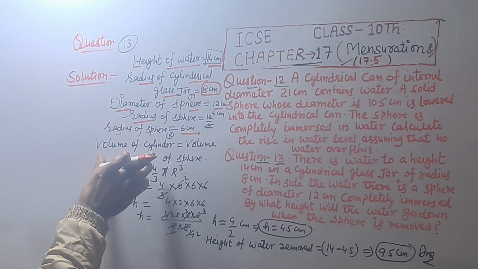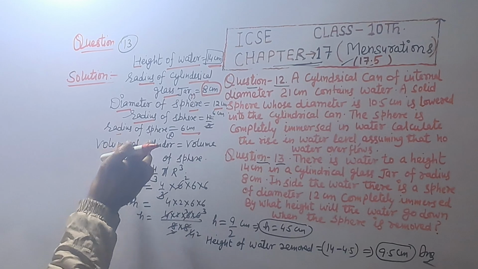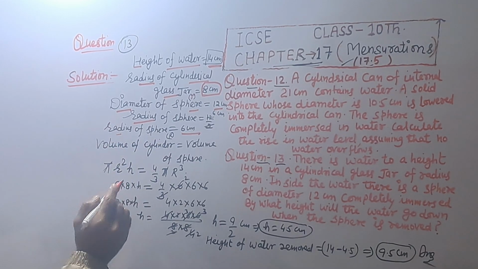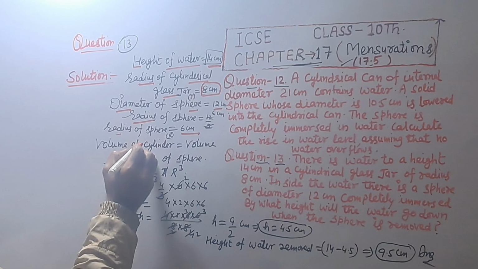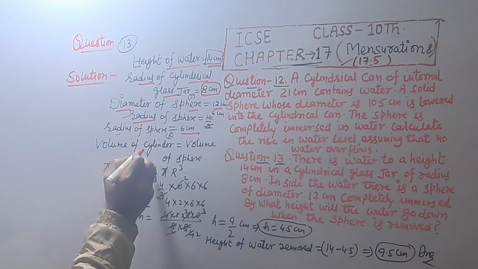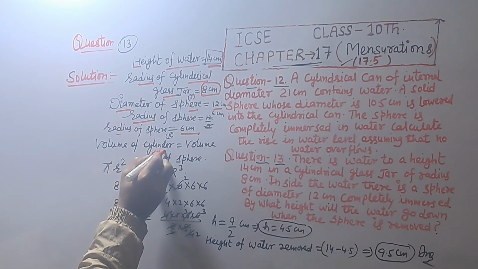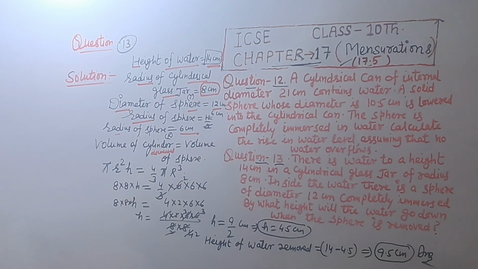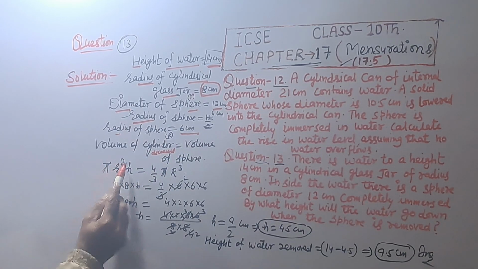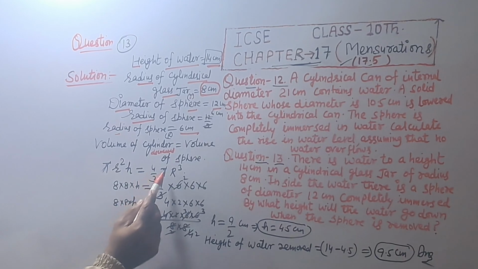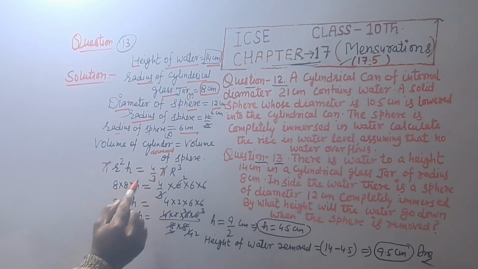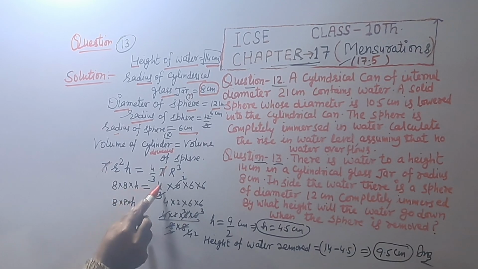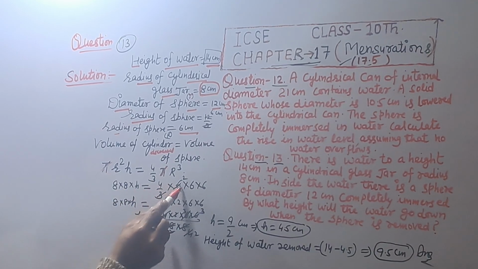So volume of cylinder decreased equal to volume of sphere, that is pi r square h equal to 4 upon 3 pi R cube. Pi is cancelled. Radius equal to 8 into h, that is equal to 4 upon 3 into 6 into 6 into 6.